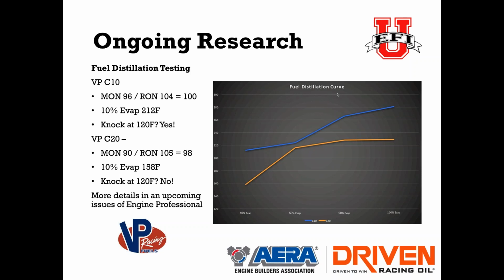That's the key thing, is that the C20 is going to evaporate much faster than the C10. But the C10 has a higher octane value. Well, when we ran these two fuels in a DI engine and measured the knock tendency of those two fuels for the same engine temperature and the same ignition timing, at 120 degrees engine temperature, the C10 knocked, where the C20 did not.